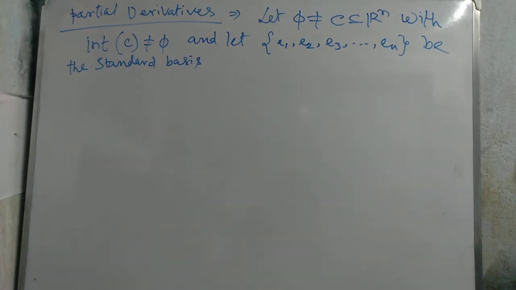Here we write: let C be a non-empty subset of Rn with interior of C not empty, and let e1, e2, e3, ..., en be the standard basis of Rn.